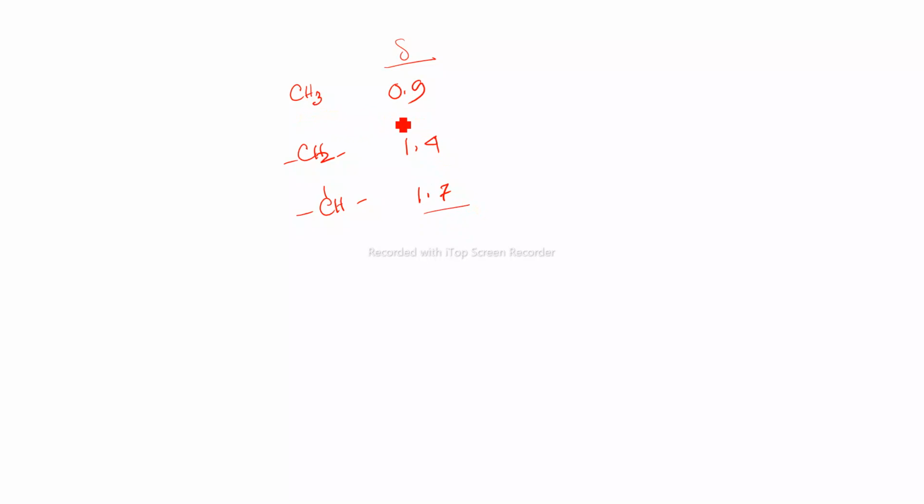Let's explain this for the 1H NMR. Why, when the number of hydrogens decreases, does the delta value increase?